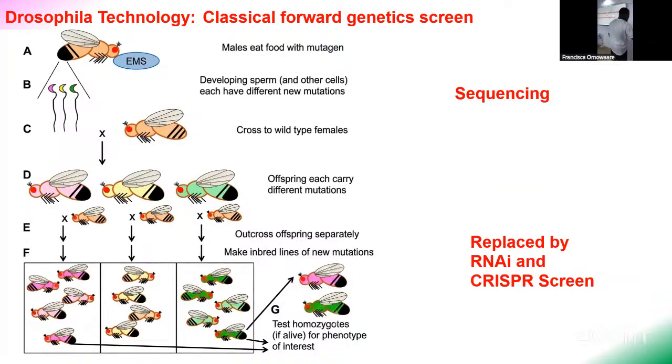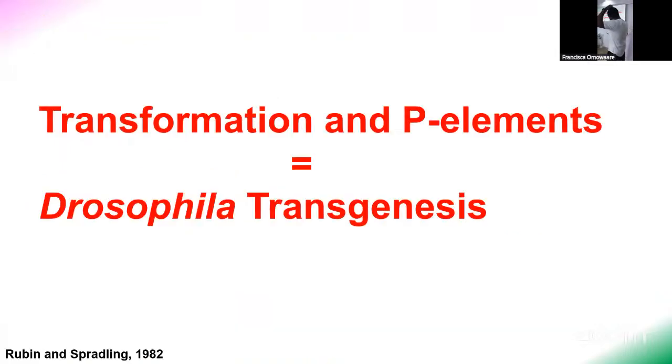The next thing is creating your own transgene. Transformation in Drosophila was developed by Gerald Rubin and Allan Spradling, and people in the lab, and you can see it was developed a while ago.